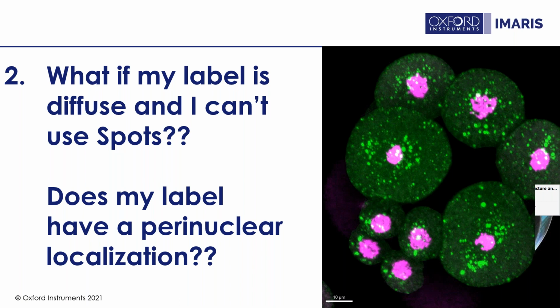So that's one question. The next question is, okay, but what if my label is diffuse and I can't use spots? And we see this sometimes. This one actually is pretty punctate, but it's messy. You can see nuclei here in pink with something in the cytoplasm in green. Are these green dots, and is the green intensity really just that green label?